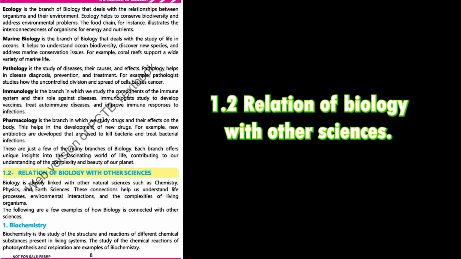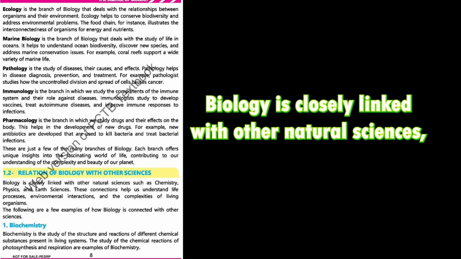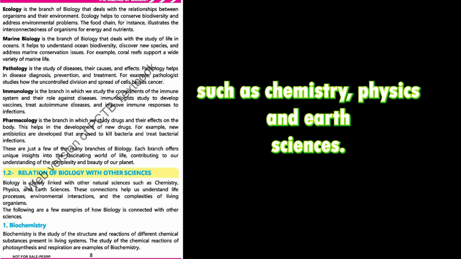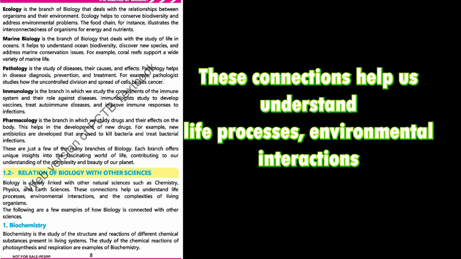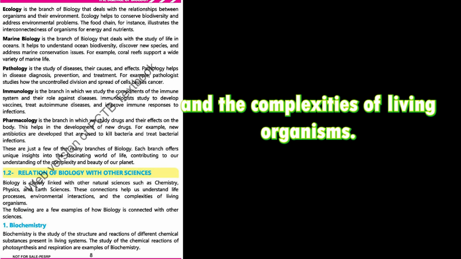1.2. Relation of biology with other sciences. Biology is closely linked with other natural sciences, such as chemistry, physics, and earth sciences. These connections help us understand life processes, environmental interactions, and the complexities of living organisms.